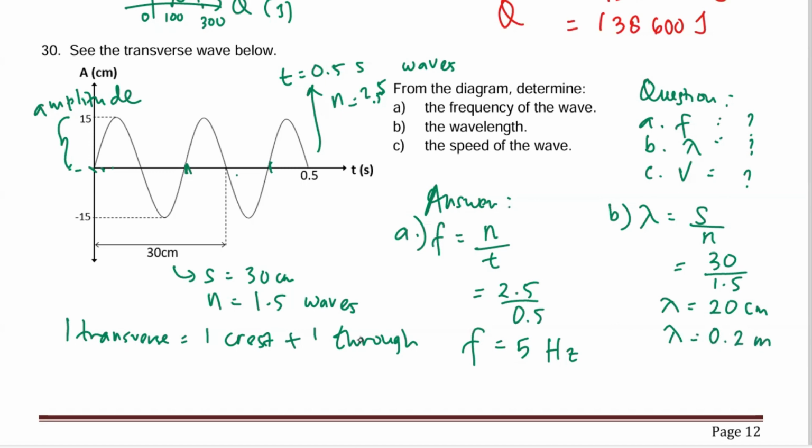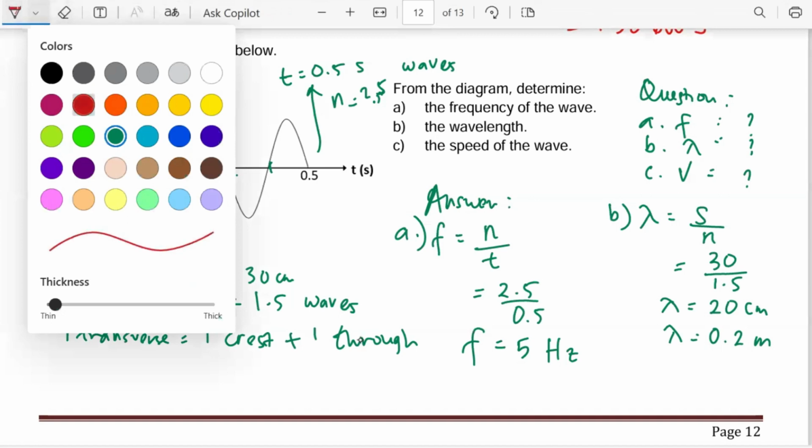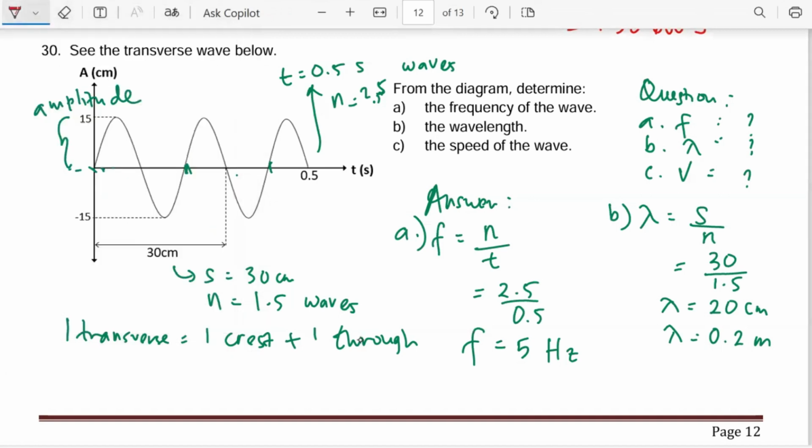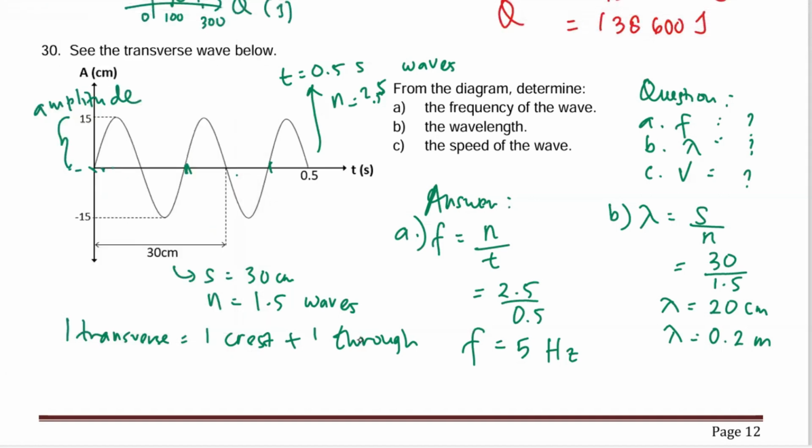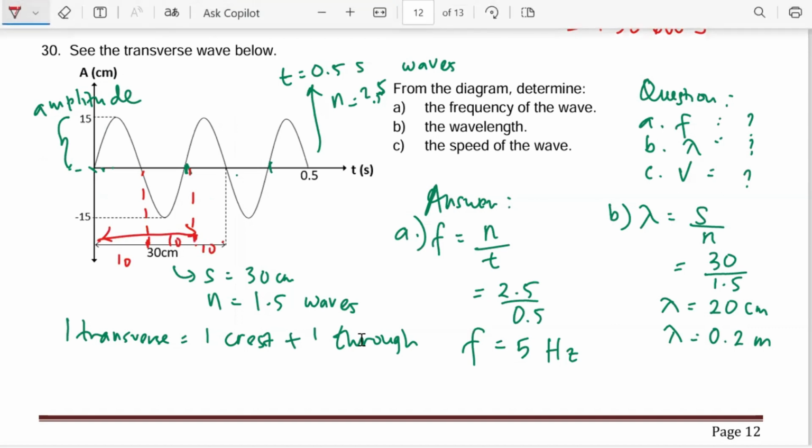Actually, we can also use logic here. This is 30 centimeter and there are three divisions, 1, 2, 3, and one lambda is two of them. If each is 10 centimeter, then lambda is 20 centimeter. You can use that logic as well.